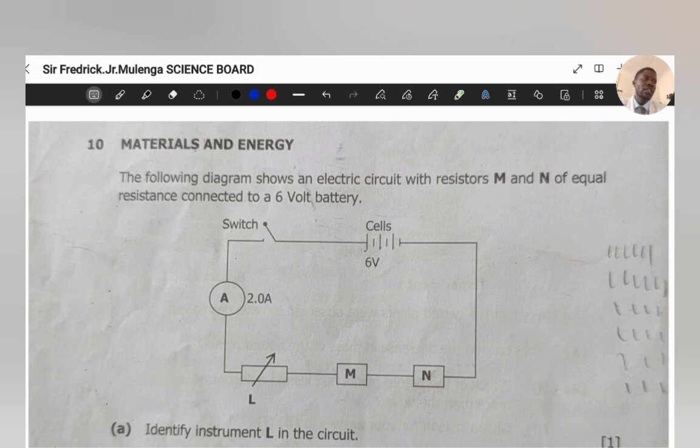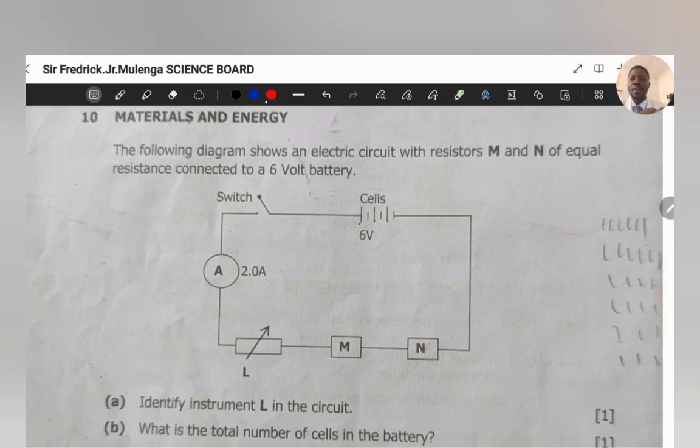So we did learn that current is the flow of charge in a conducting wire, and current is measured in amps, in ampere.